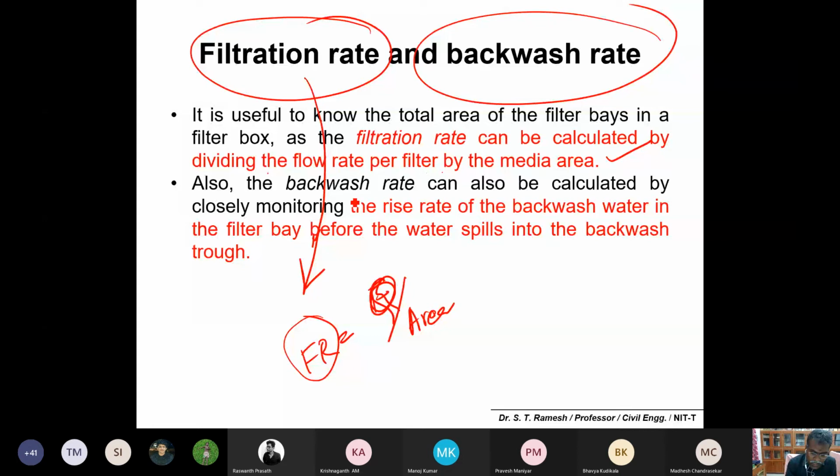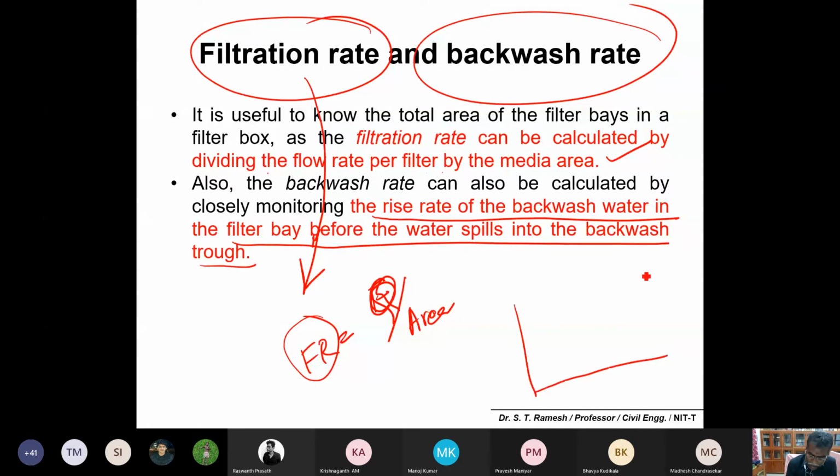Backwash rate can be calculated as the rise rate of backwash water in the filter bay before the water spills into the backwash trough. So let me draw again. This is your filter bed, and I may also have the wash water troughs like this. I allow pressurized water to flow, because of which I induce backwashing.